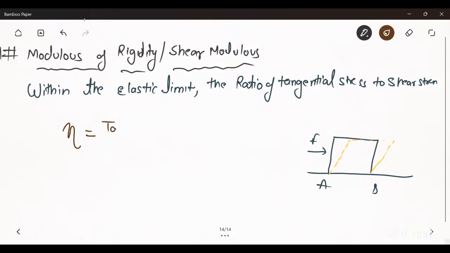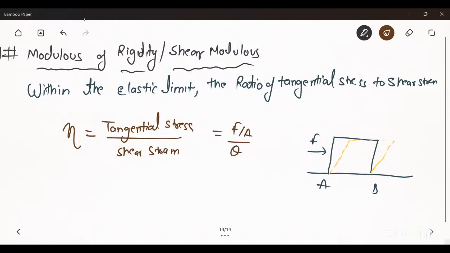Eta is defined as tangential stress upon shear strain. Tangential stress is F upon A and shear strain is theta. This is defined as the modulus of rigidity, with the same SI unit and the same dimensional formula.